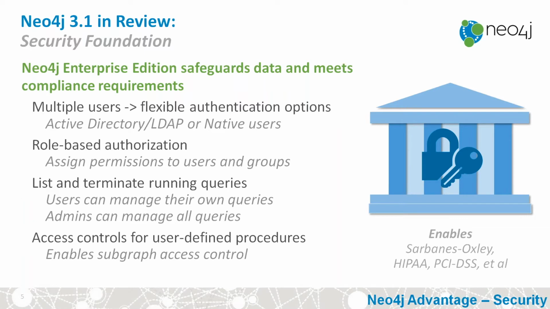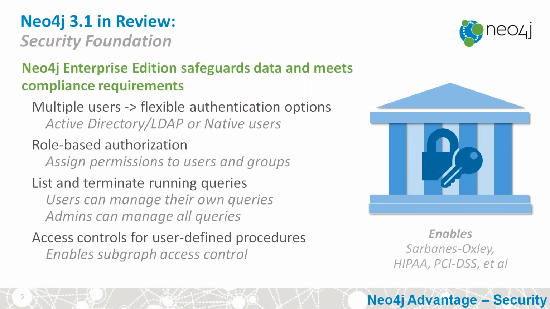So within the 3.1 release, we delivered a number of user-based security capabilities, including the support for both Active Directory and Open LDAP, or supporting our own user system internally within the database.